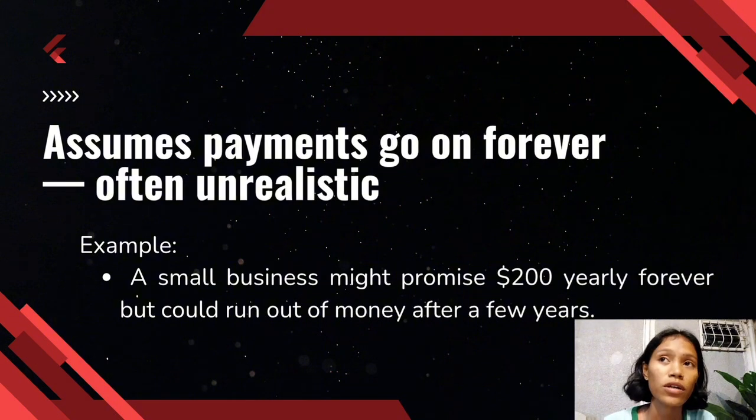So, dili tanan companies nag-succeed, and some of the companies go bankrupt depending on the pag-handle sa company. So that is the first disadvantage of perpetuity. It is often unrealistic.